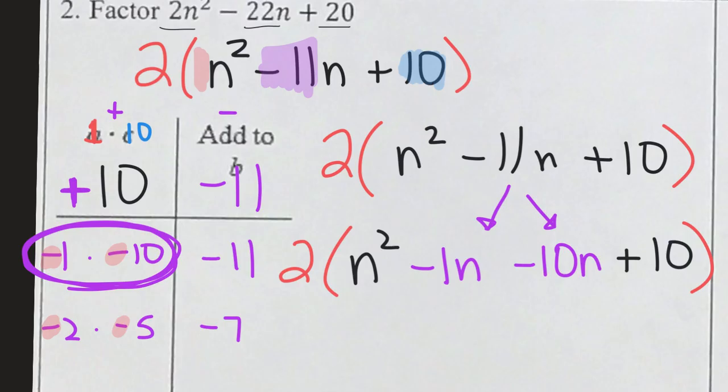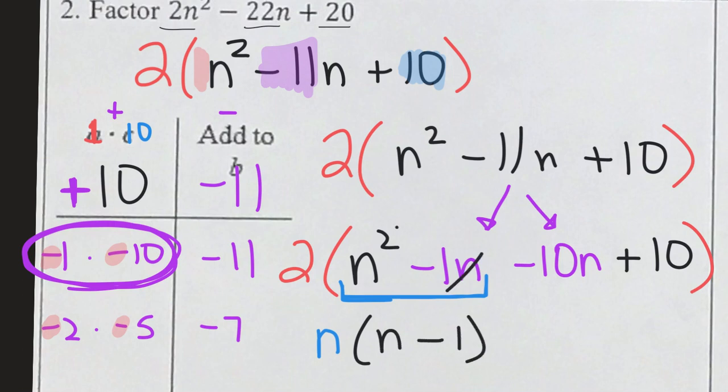So now we're looking at the groupings. What do n squared and minus 1n have in common? Okay, hopefully you see that they have an n in common, leaving me with an n minus 1, right? When I take one n from there and one n from here, I have an n minus 1 in common. And what do minus 10n and a plus 10 have in common? Okay, and believe it or not, they have a minus 10.